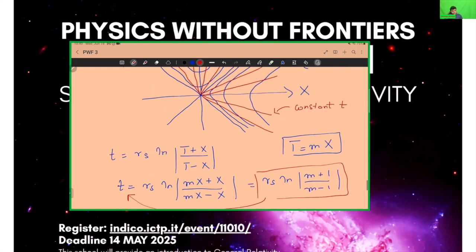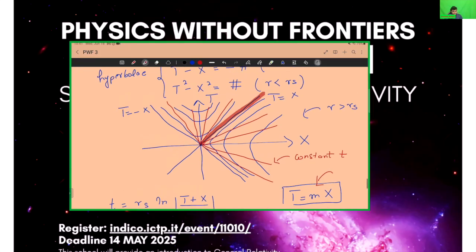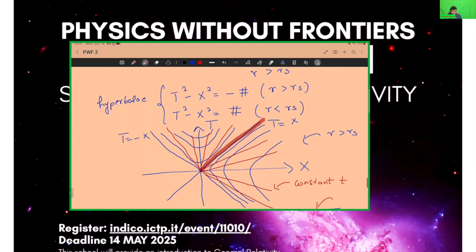Okay. But if m equals 1, you get t equals x. But that's this line, the event horizon that we discussed, right? So the event horizon corresponds to t equal to infinity as well. I think I'm a bit saturated here. Sorry, I wish I could have had more room.